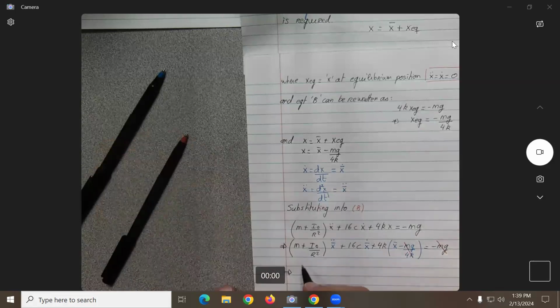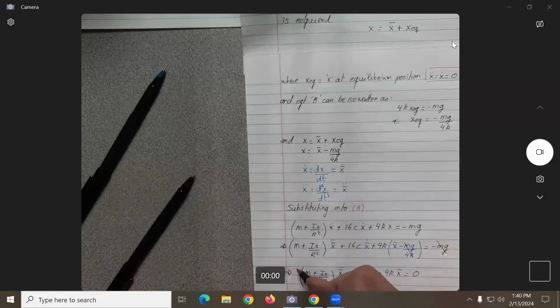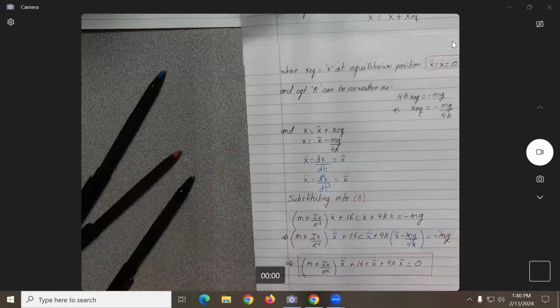So basically at the end, we have m plus I sub naught over r square x bar double dot plus 16c x bar dot plus 4k x bar equal to 0. And now this time, this equation is homogeneous, no?